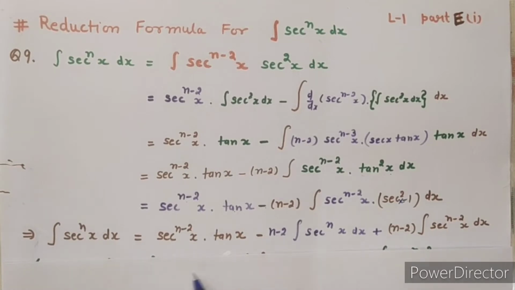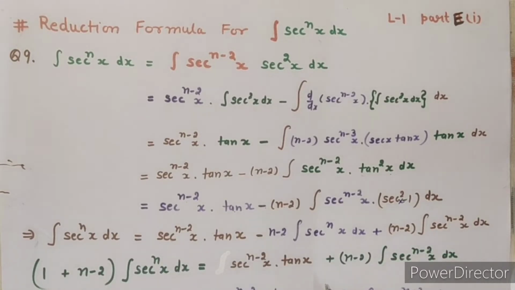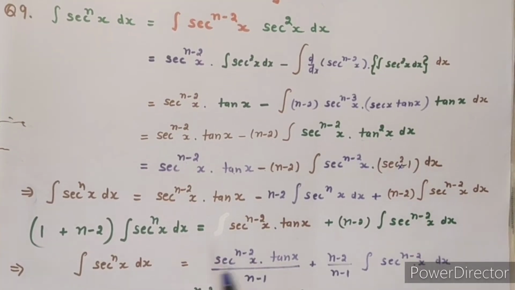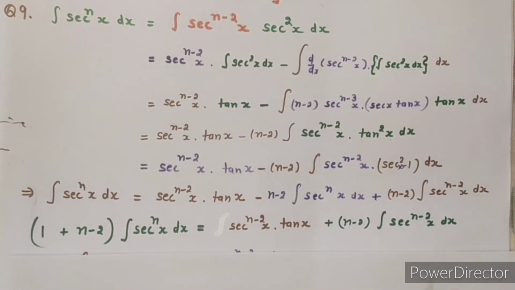So I am taking this to the left hand side and taking the integral outside. So it gives me this expression: 1 plus n minus 2 integration of secant nx dx. First write this one.